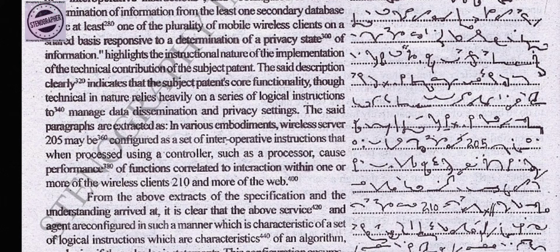The said paragraphs are extracted as follows. In various embodiments, Wireless Server 205 may be configured as a set of interoperative instructions that, when processed using a controller, such as a processor, cause performance of functions correlated to interaction within one or more of the wireless clients 210 and more of the web.